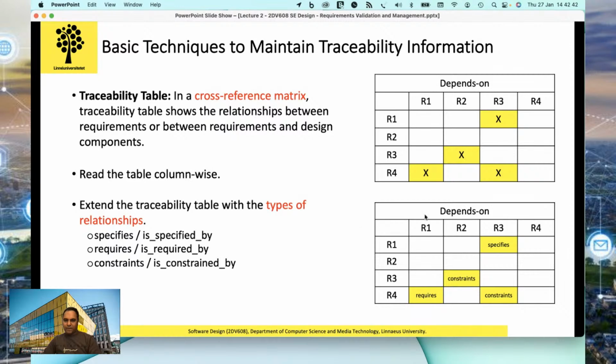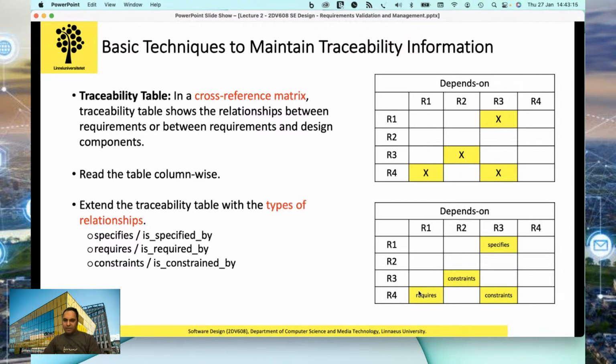So we can read it in this way, that requirement R1 requires R4, requirement R2 constrains R3. That means you have to implement R3 first in order to implement R2, or vice versa. And then requirement R3 specifies R1, but it constrains R4.